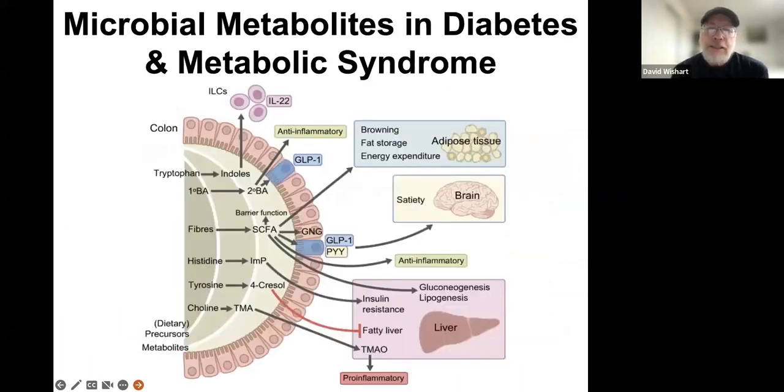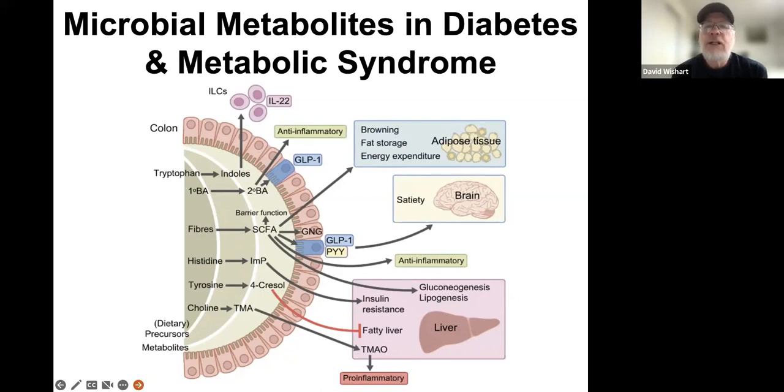But there are also other discoveries that are emerging, not only in the area of neurodegeneration and heart disease, but also metabolic syndrome, again identifying metabolites coming from food and microbes that will either help or hinder the development of metabolic syndrome. So again, we see short-chain fatty acids, we see butyric acid, we see trimethylamine, we see cresol.